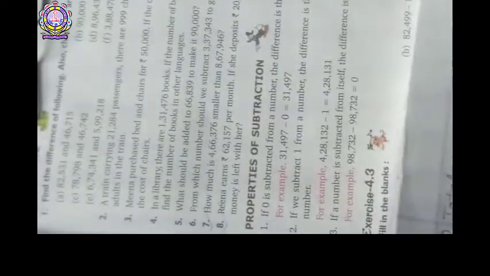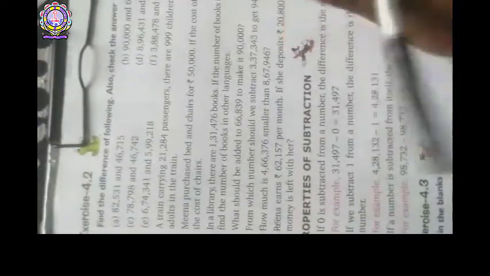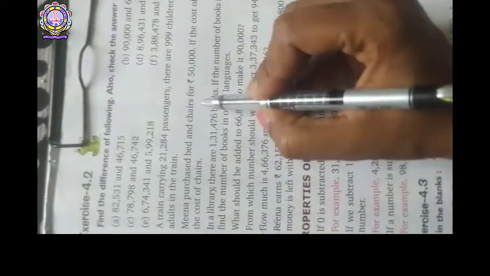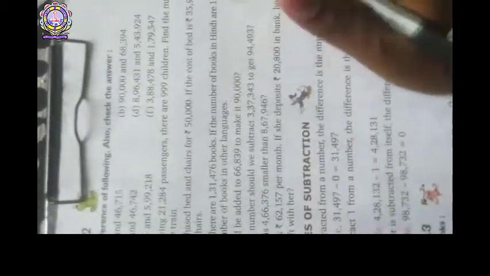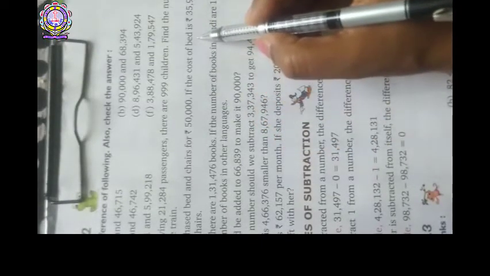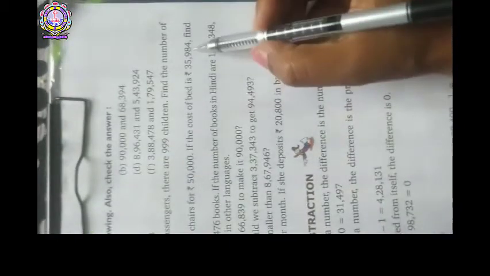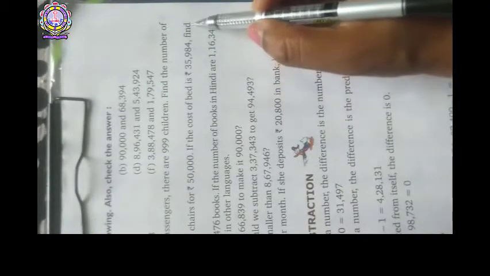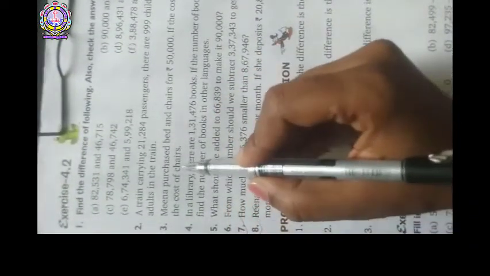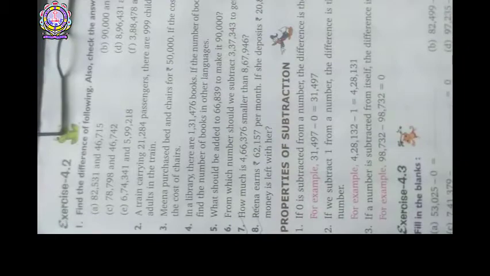Okay, look at the question. Meena purchased a bed and chair for 50,000. If the cost of the bed is 35,984, find the cost of the chair.